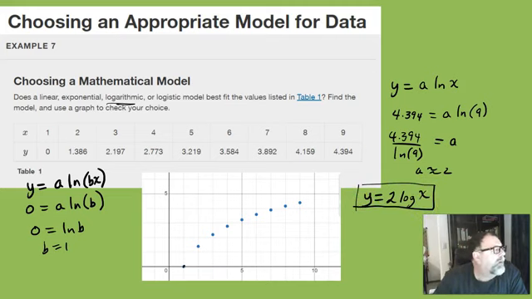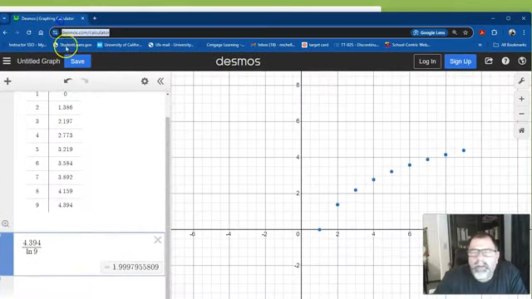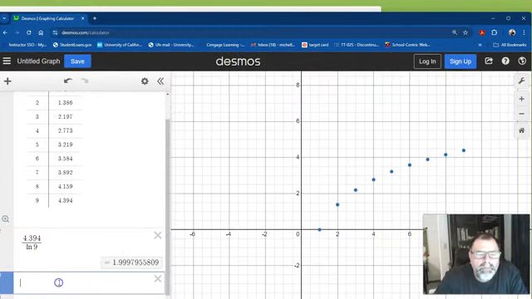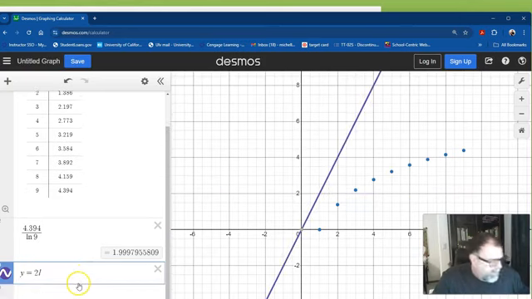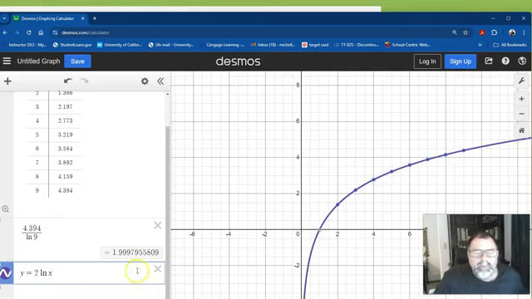So we'll graph that on Desmos and see if it hits those points that we just did. So y equals 2 natural log of x. Oh, did I write log instead of ln? And yeah, you can see that these are hitting those points. Now, is it exact?